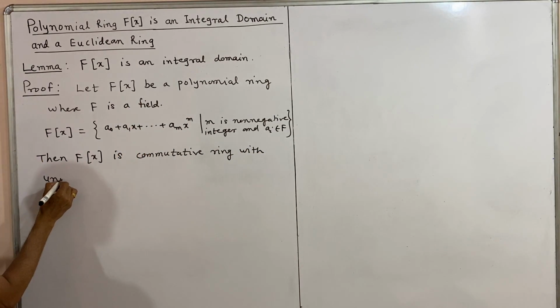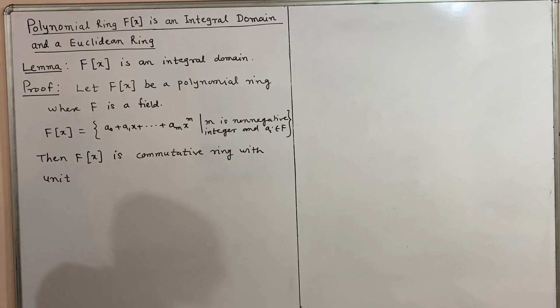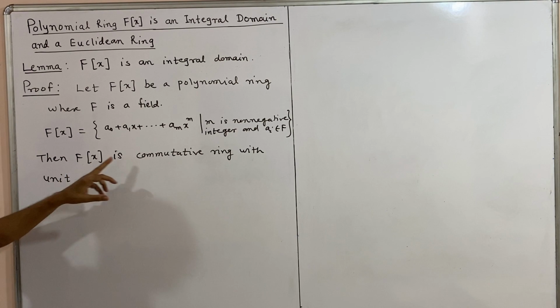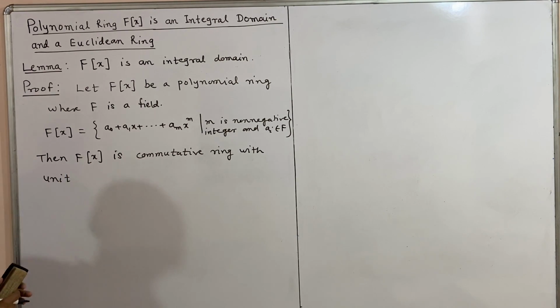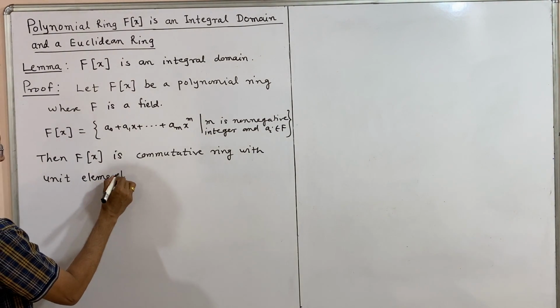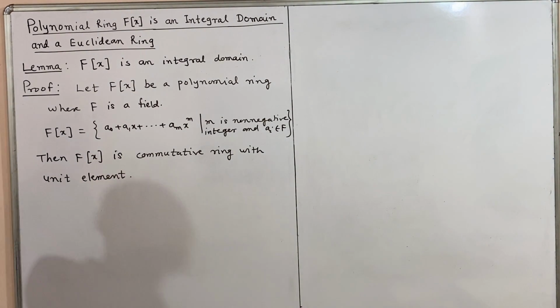This result we have proved in our earlier lecture where we have defined polynomial ring and we have proved all the axioms of ring and in addition it is commutative, multiplication is commutative and it has unit element. Unit element is simple, that is the constant polynomial 1 is the unit element.